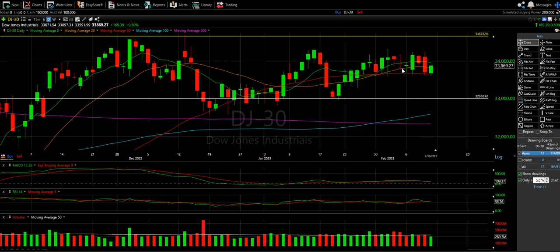What I'm now seeing is the 20 curving down, the green curving down. And let's be honest, that red one is no longer going up. It's starting to go flat, and it's actually starting to come down a bit. So I am legitimately worried this 50 doesn't hold and we drop.